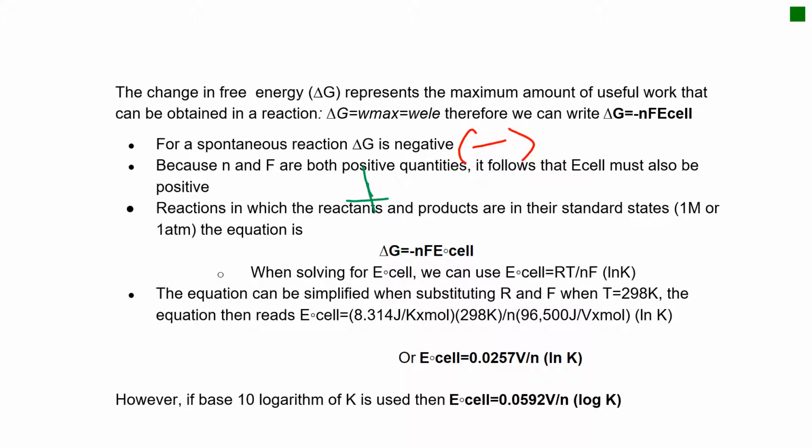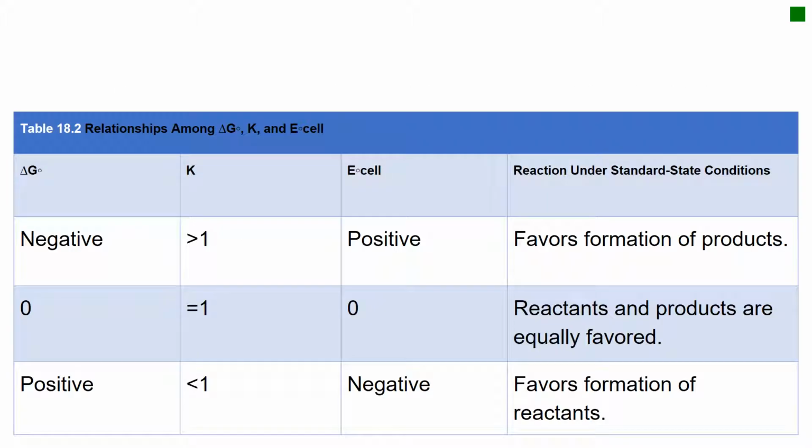But if it was the base 10 logarithm of K instead of the natural log, then it would be E cell equals 0.0592 volts divided by the number of moles times the base 10 logarithm of K. And then here we have a table from 18.2, which is the relationships among delta G, K, and the E cell.